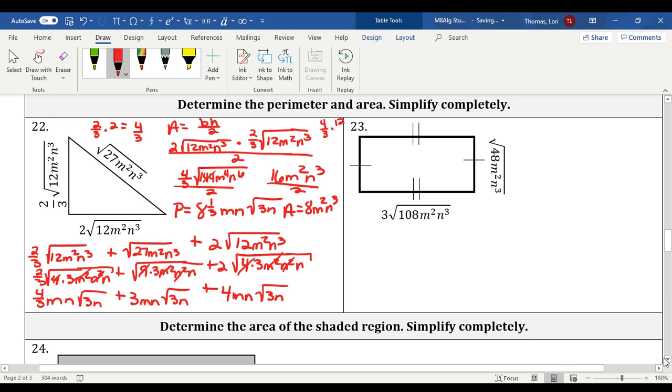Okay, now let's go over this one. We are going to do perimeter. So we have 3 times 108 m squared into the third. And we have another one of those. And then we have radical 48.